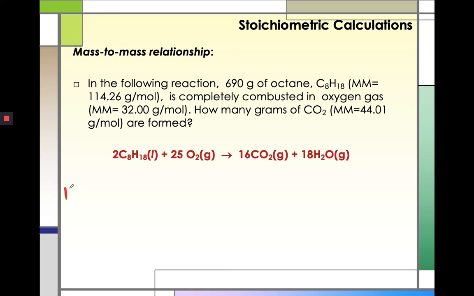So this is quite a long process already, since we will be converting mass in grams of substance A to mass in grams of substance B. So the number of grams of carbon dioxide is equal to, we are given here 690 grams of octane, C8H18.